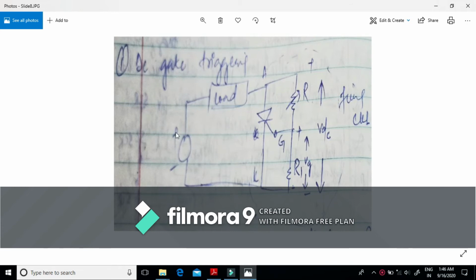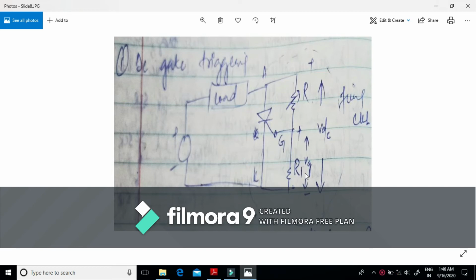Here we have applied the step DC voltage. This is the load, and this is the thyristor, and this is our firing circuit, which simply consists of a simple potential divider. Here R is the variable resistance and R1 is the fixed resistance.